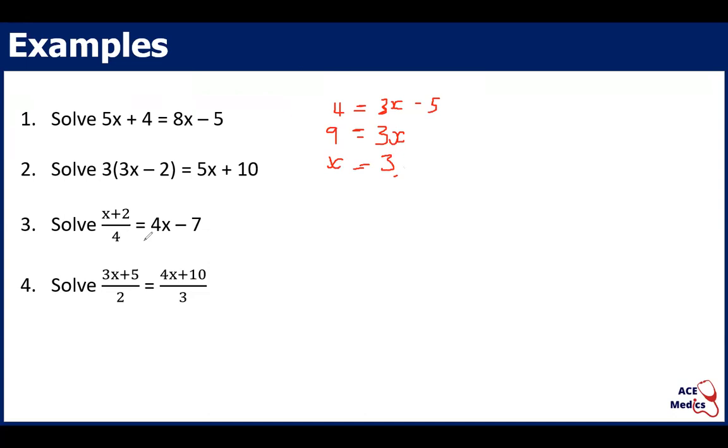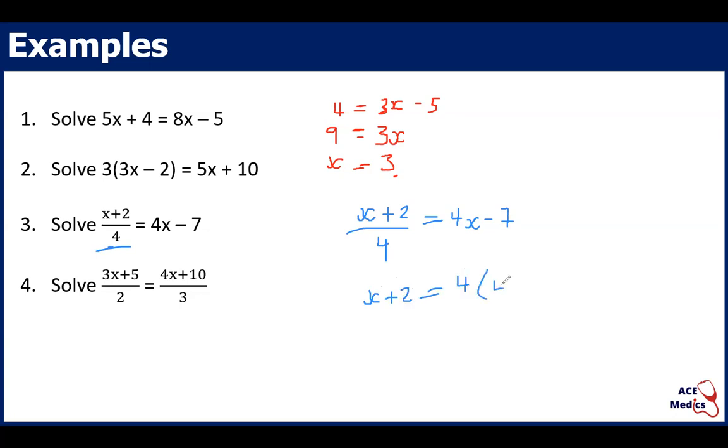The third one, we want to get rid of that fraction. To get rid of that fraction, we want to multiply everything by 4. The bit where people tend to trip up is when they only multiply one of the things by 4. If we're multiplying by 4 to get rid of that fraction, everything has to be multiplied by 4.